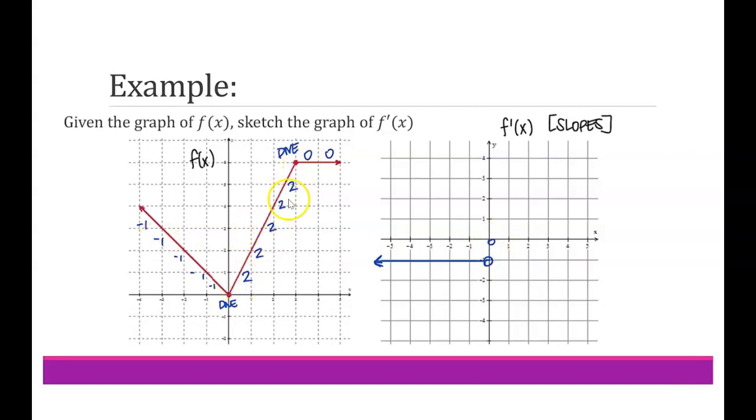All right, so now let's indicate the slopes on the next line segment. So between the x value 0 and the x value 3, right, 1, 2, 3, I have slopes of 2 constantly, so from 0 to 3. So this next little line segment is going to be horizontal. And again, right at 0, I'm going to put an open circle just to really indicate there's nothing there, right?